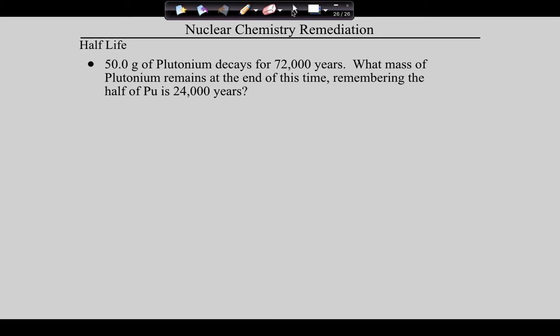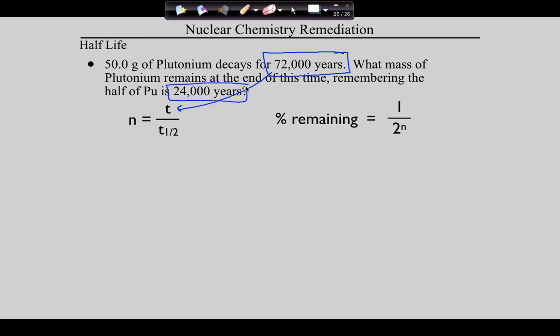Well, the first thing that we will always do is write down our equations. Then what we need to do is figure out what information we've been given. So we've been given 72,000 years. And it tells us that that is the time that this substance sits around and decays. Then it also tells us 24,000 years is the time of a half-life.